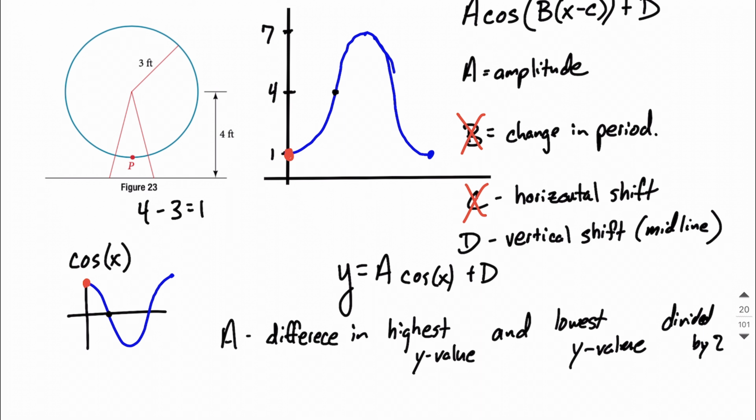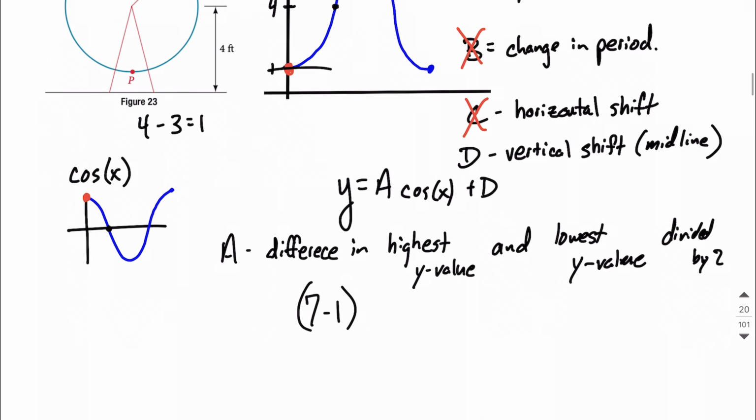All right, so the highest y value looks like we go all the way up to 7, and the lowest y value is going to be here at 1, so we're going to do that difference, 7 minus 1, and then divide that by 2. All right, so that's going to be 6 over 2, which is 3.